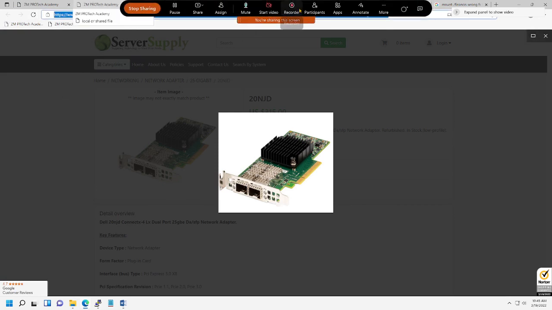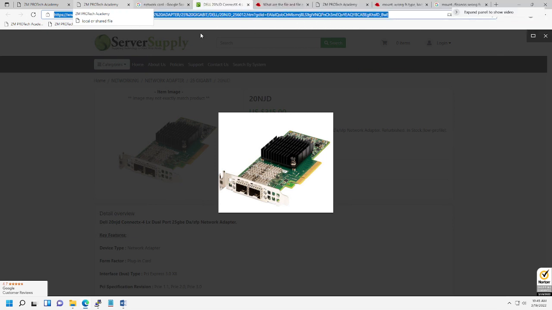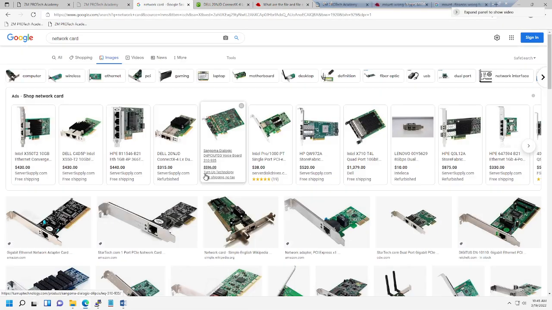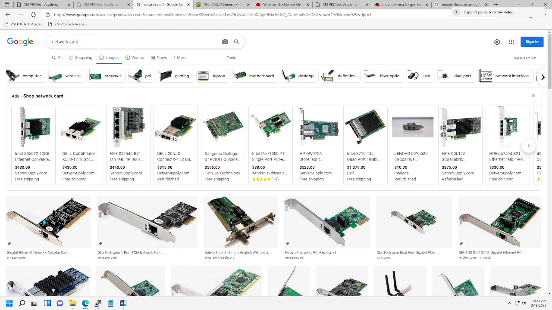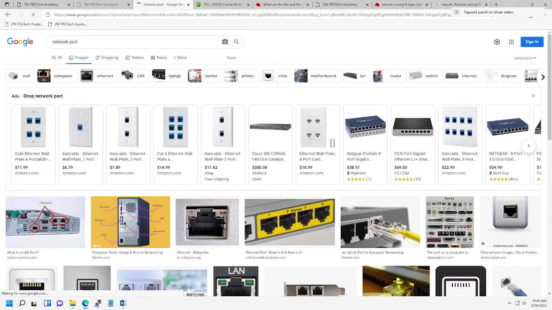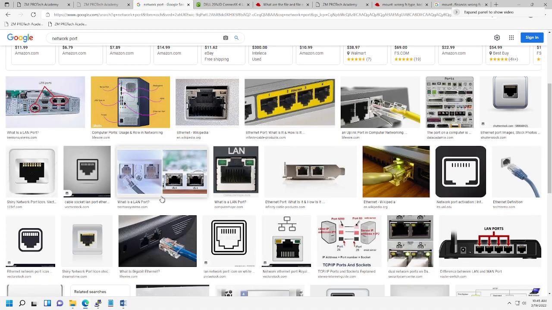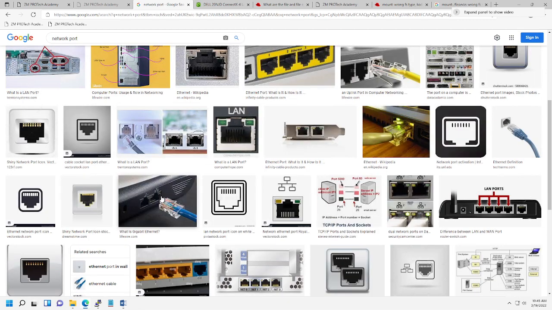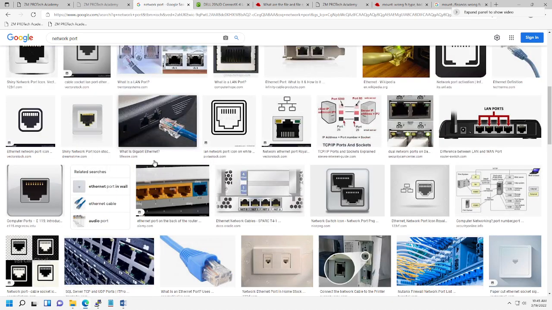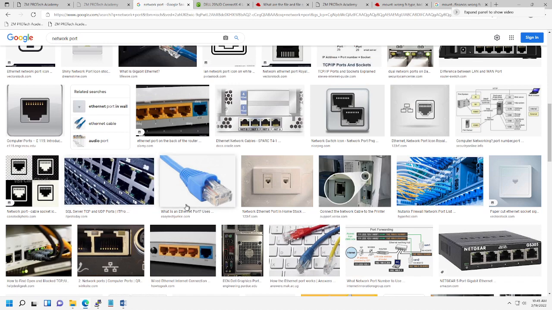Let's see if I find a picture. Okay, so over here it's showing you the network port on a laptop, and you have a network port on a desktop.